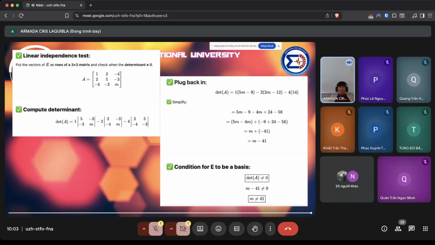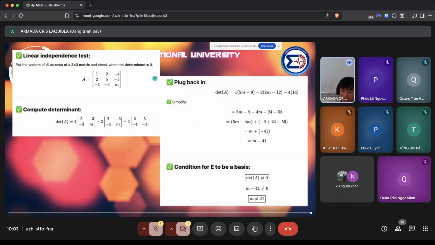So negative 6 plus 20, the answer is 14. Correct? Now we solve this. Multiply 1 here, we have 5m minus 9. And multiplying this, you have negative 4m plus 24. And then this one is minus 56. Combine the terms with m, and combine the terms without m. And that's it. We have there m minus 41.